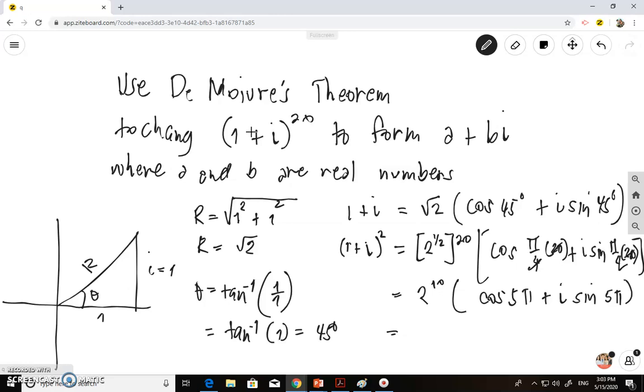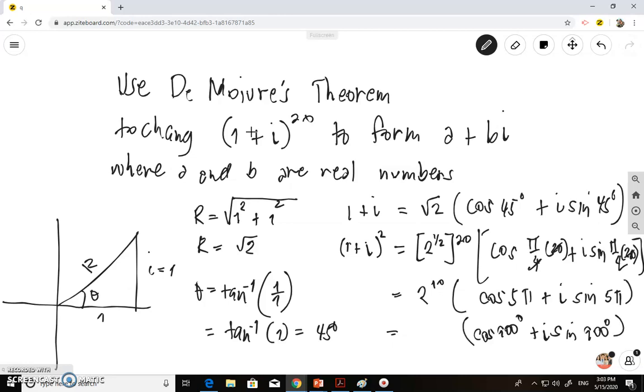So we have 2 to the power of 10 times cosine 900 degrees plus i sine 900 degrees.